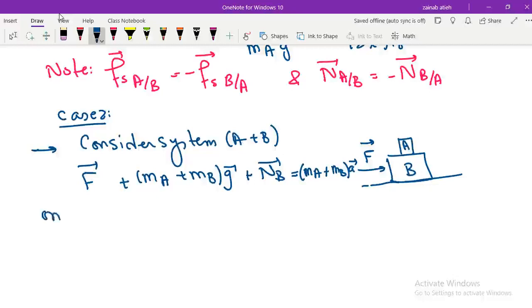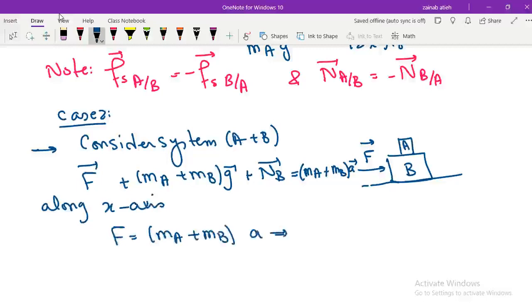Along x-axis we have F equals MA plus MB A, which implies A equals F over MA plus MB, same as above. It will be 3 meters per second squared. This is for the acceleration. Now I have to find the mu.